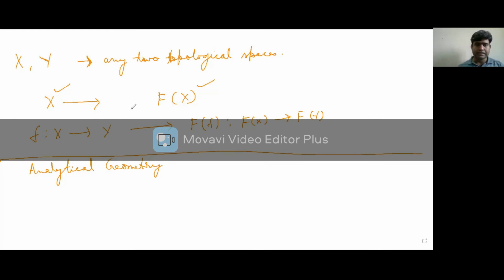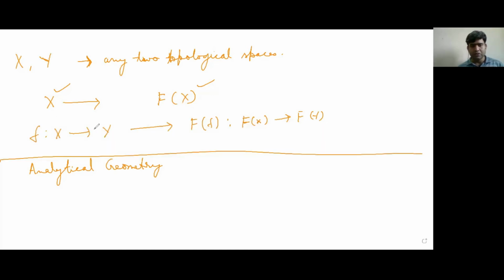But in algebraic topology, this association is not reversible. What does it mean?